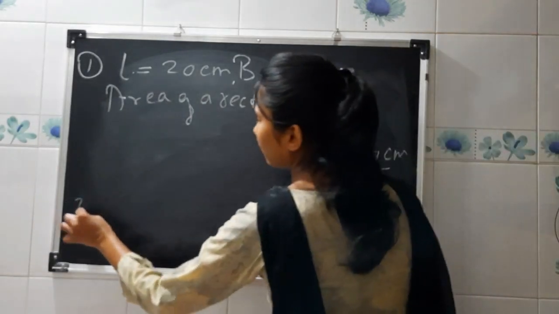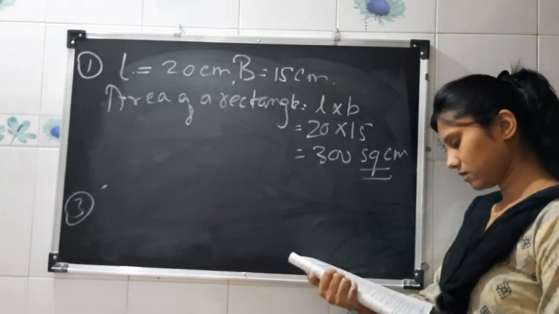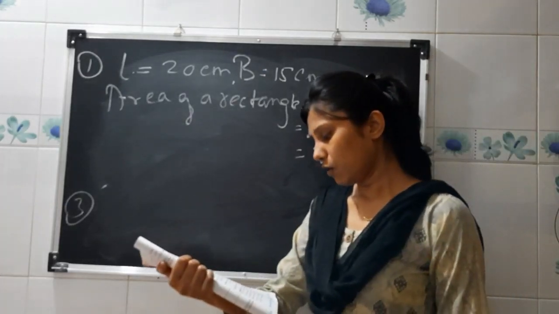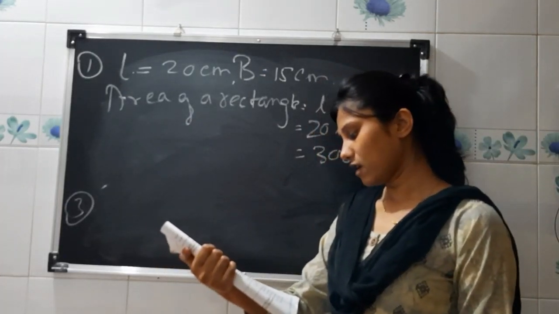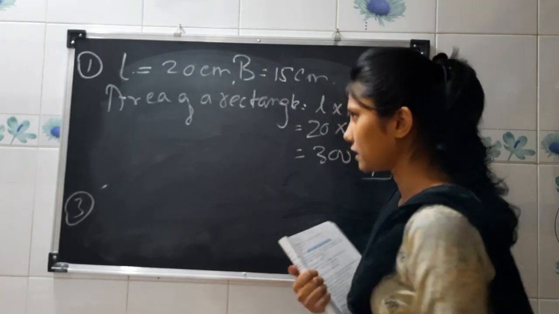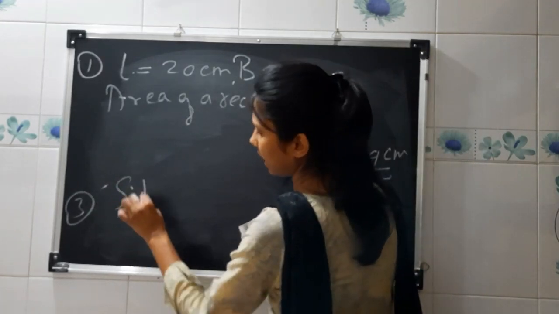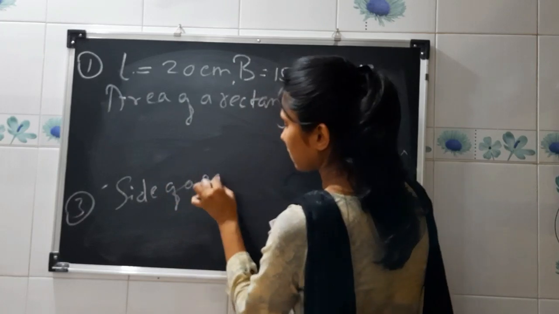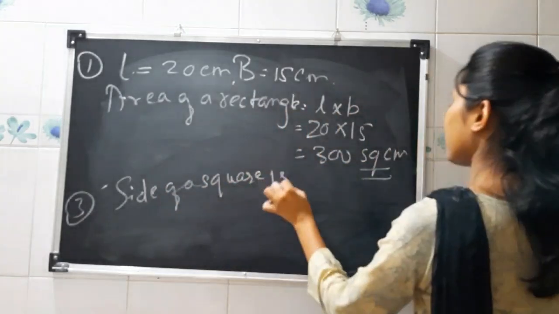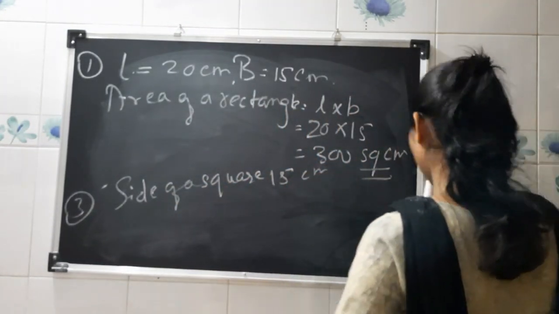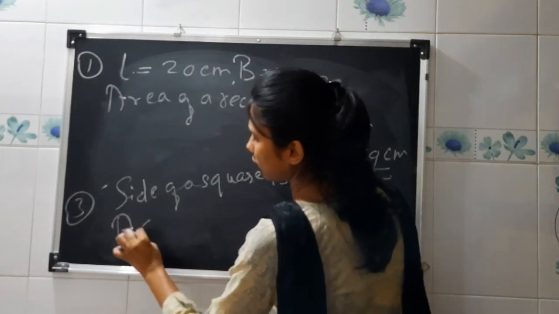Similarly, have a look at the third example. What will be the area of a square with sides 15 centimeter? The side of the square they have given is 15 centimeter. We have to find out the area of the square.